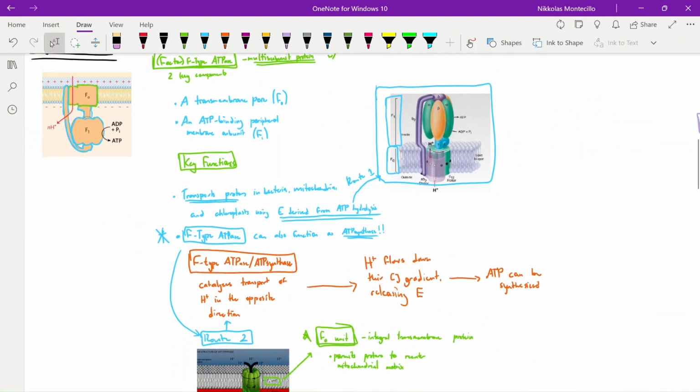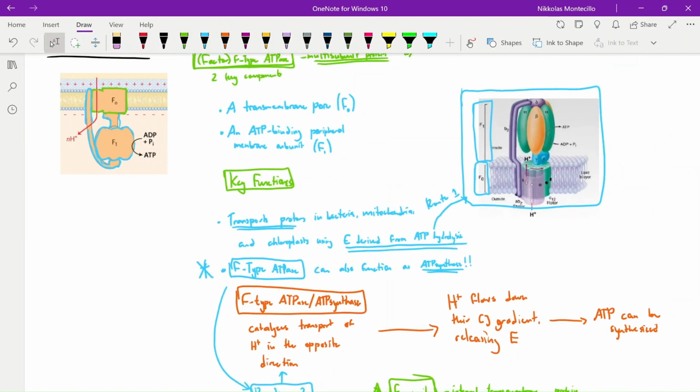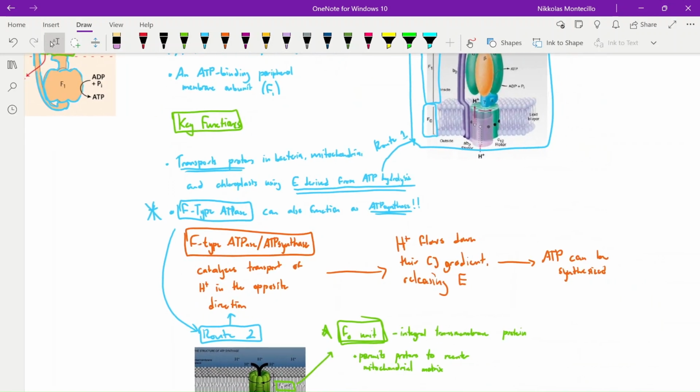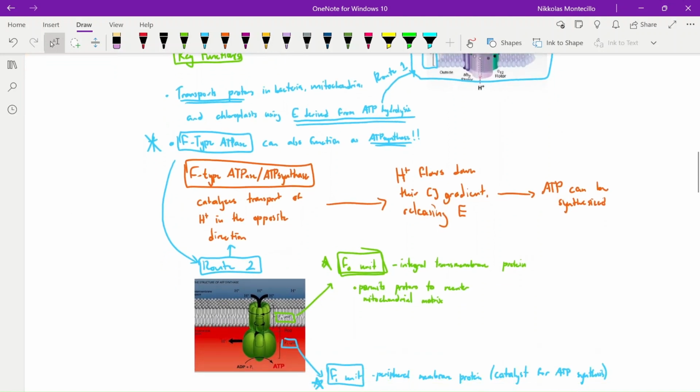Now the key functions of ATPase are to transport protons using energy derived from ATP hydrolysis, but that's in its reverse function as an ATPase, right? ATPase can also function as an ATP synthase, and ATP synthase would catalyze the transport of hydrogen protons in the opposite direction, right?